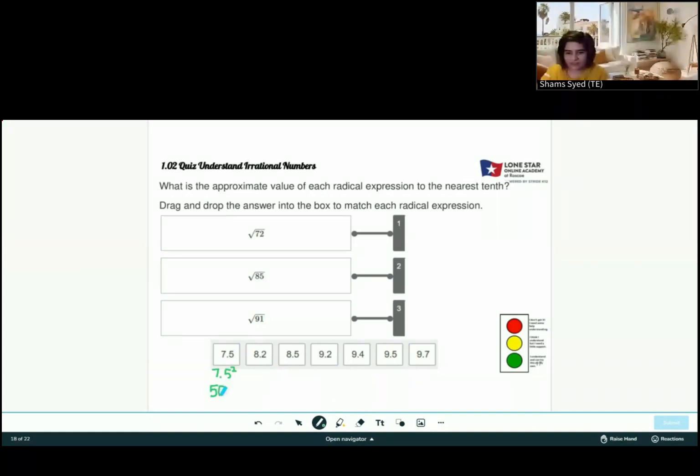Let me see, is any of the answers closer to 56.25? Or 7.5 will be the square root of 56.25. Do I have 56? None, nowhere. So I know 7.5 is not going to be an answer to anything. I'm going to go to the square of 8.2. Can someone tell me how much is the square of 8.2? The square of 8.2 is 67.2.